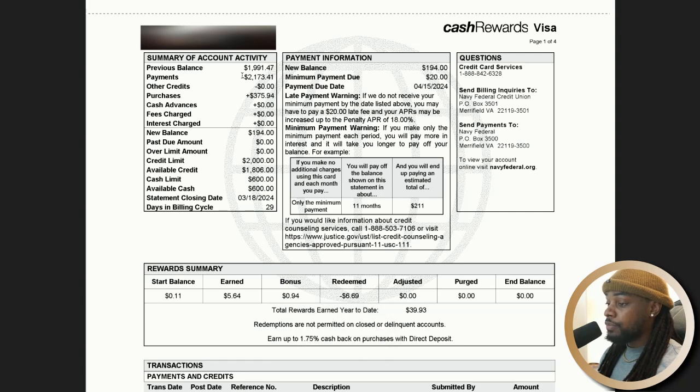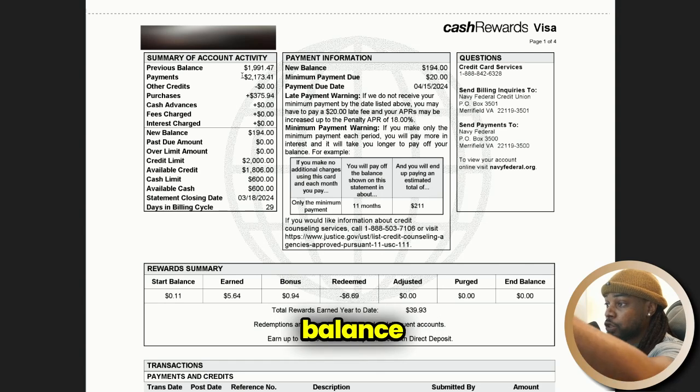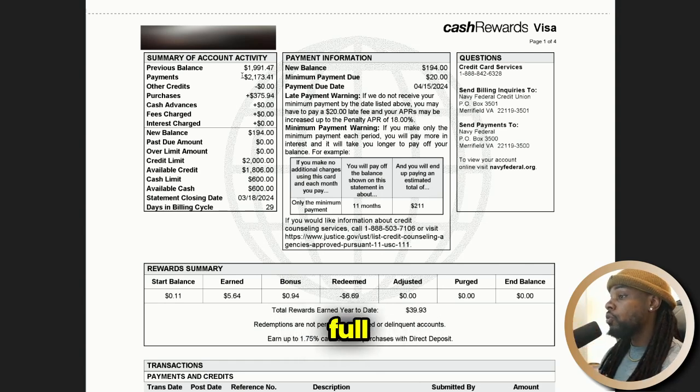Now, one of the ways that you can get a credit limit increase, and again, I've worked at banks, so I'm not saying it's the same for everybody. This is just what I've learned. If you let the maximum balance report, but you pay it in full, when you ask for a credit limit increase, in my experience, you're more likely to get one, because it shows that you almost used the maximum of your card, but then you paid it all off.